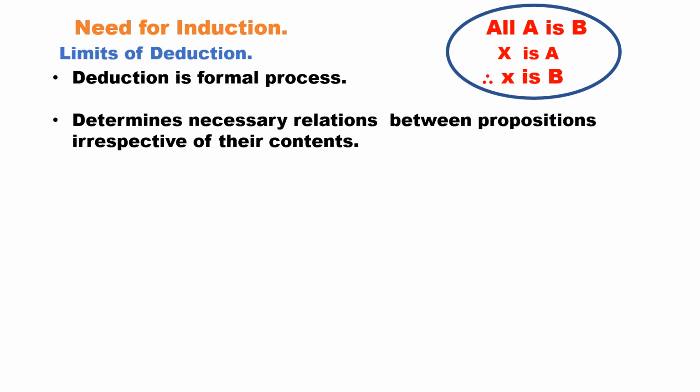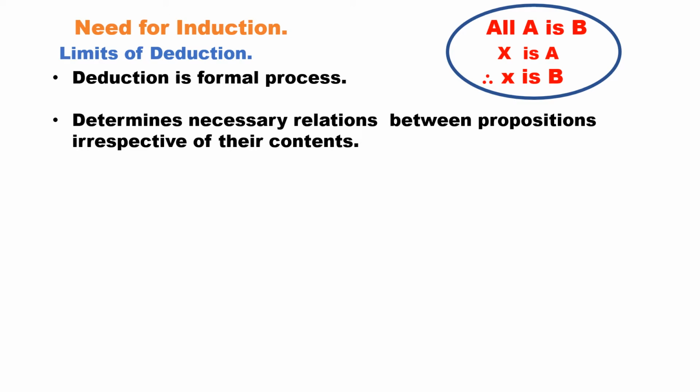Here, in a deductive argument, there are three propositions where the first two are the premises and the last one is the conclusion, which is inferred on the basis of the first two propositions. The first two propositions, all A is B and X is A, are the premises, and X is B is the conclusion.